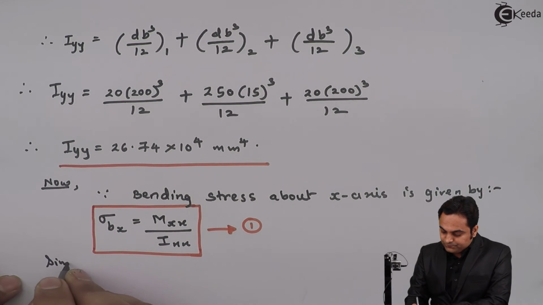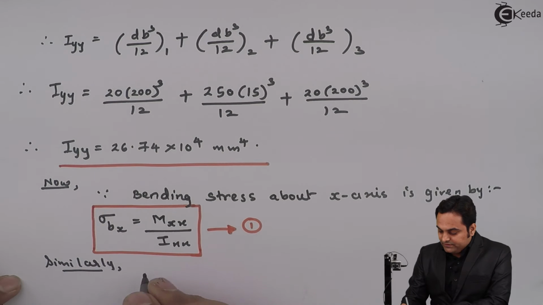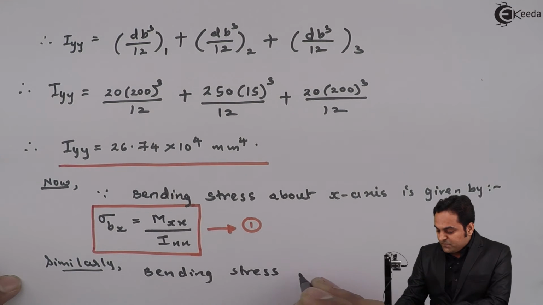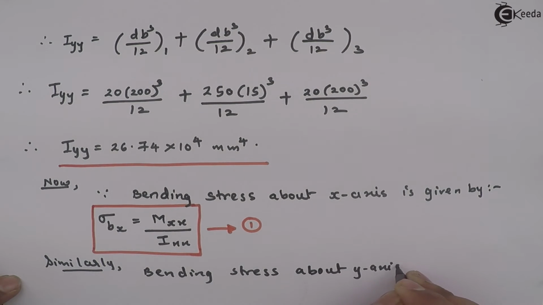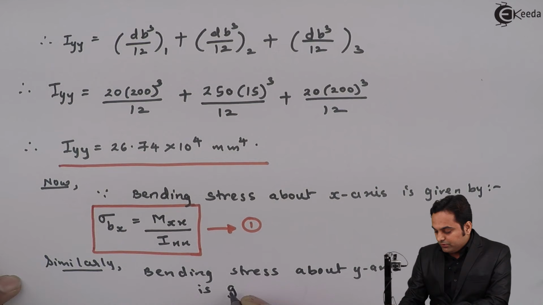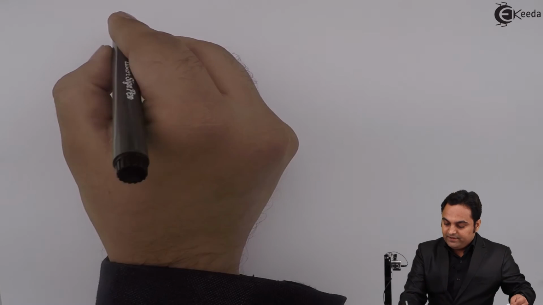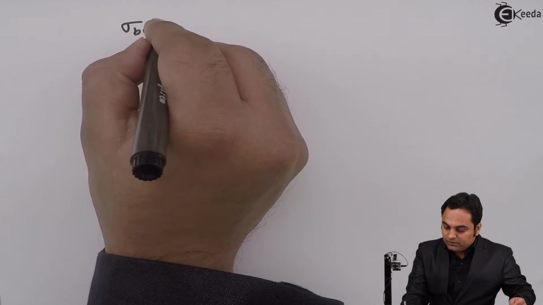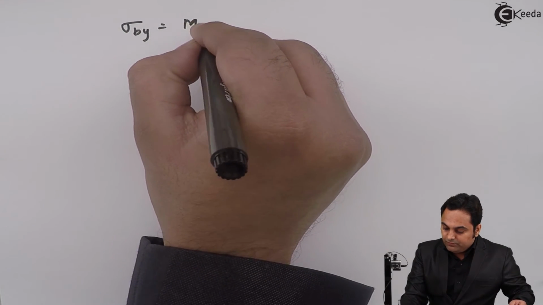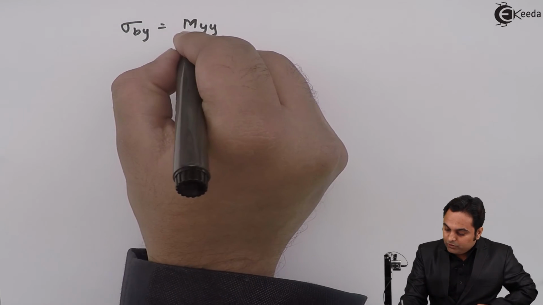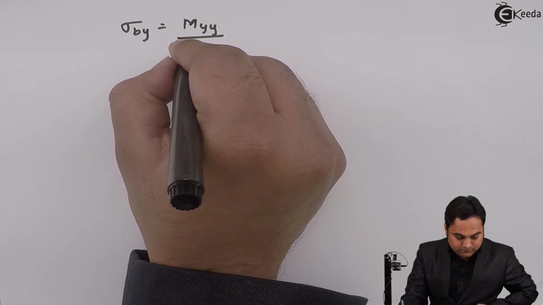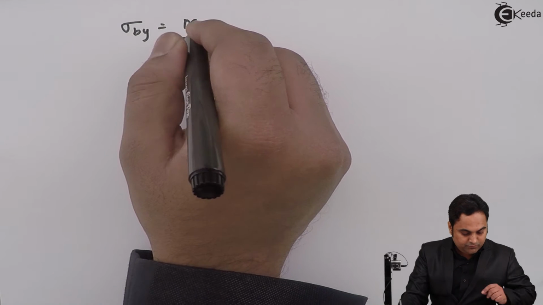Similarly, bending stress about y-axis is given by, I'll write it onto the next page, sigma by is equal to bending moment about y-axis upon, it is bending moment.